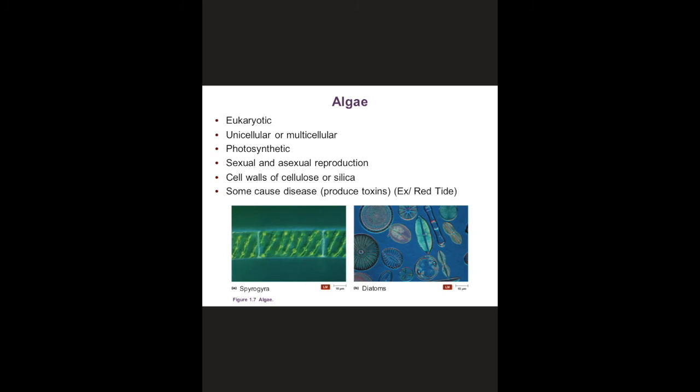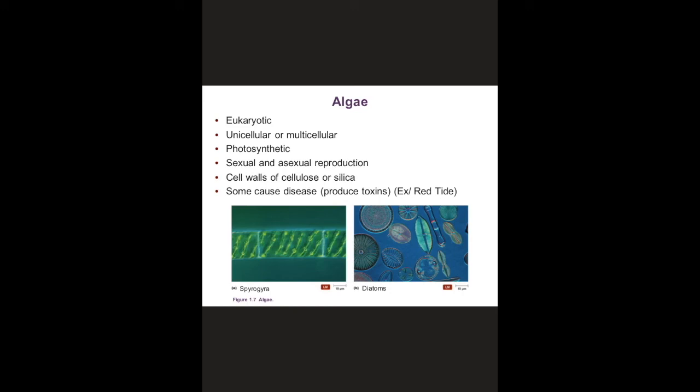Algae is another type of protist. Those protozoans are considered protists, as are algae. As with protozoans and other protists, they are eukaryotic. They have true organelles. In this case, they can be single-celled, as you see with these diatoms, or they might form some sort of multicellular structures or colonial structures that you sometimes see.